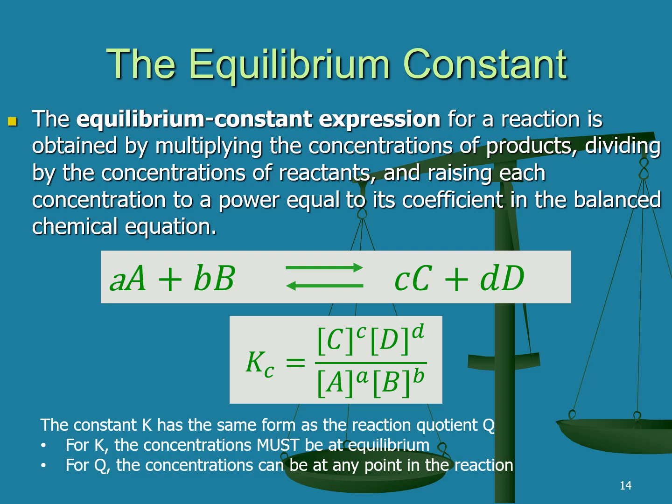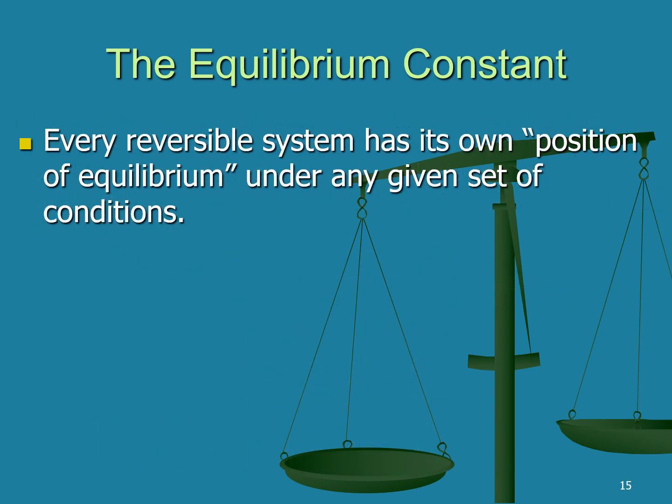And it's important to note, K will have the same form as the reaction quotient Q, but K means it's at equilibrium. Q could be at any point in the reaction. And so if we know what K is, we can find out what Q is, and we'll know if we're at equilibrium or not. And we'll actually talk about that in just a minute down the line.